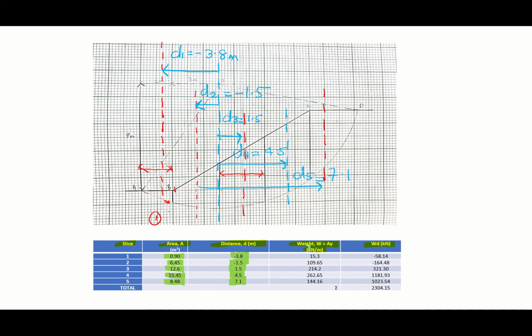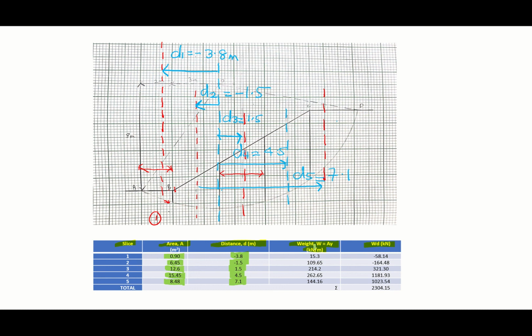Now for the fourth column in the table, you can calculate the weight of each slice. The formula for weight is area multiplied by unit weight of soil. The unit weight of soil you get from the question given: 17 kilonewton per meter cube.